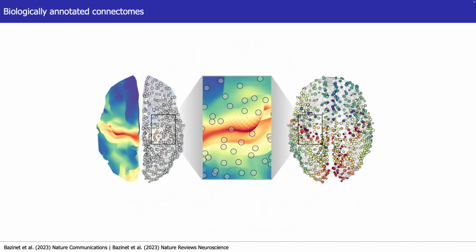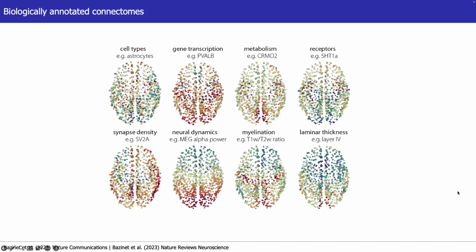And in our case, because we're talking about connectomes, these are really biologically annotated connectomes, where we have both a network structure and also metadata on every node. It's something that we reviewed recently, if anyone's interested. But the point is that we can take all of the maps that we just talked about, superimpose them on our connectomes, and ask questions about how the local biological features of a brain area are related to its network embedding.